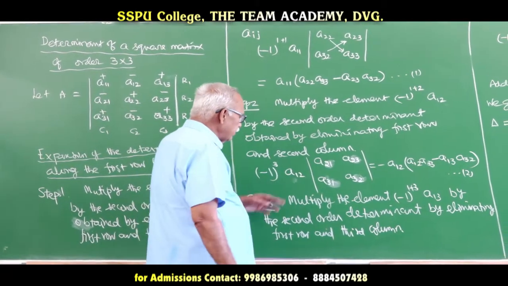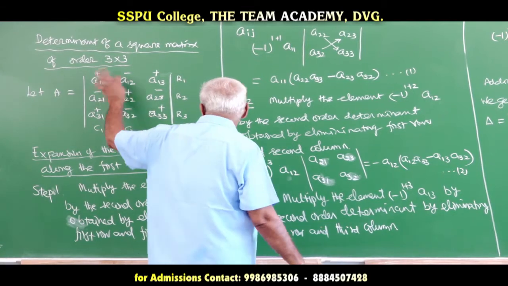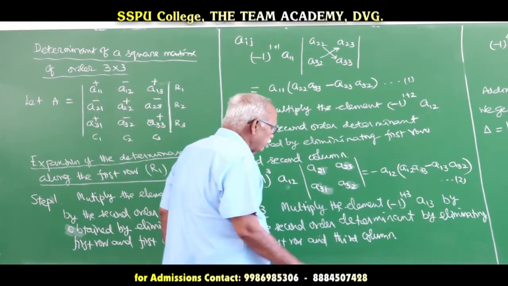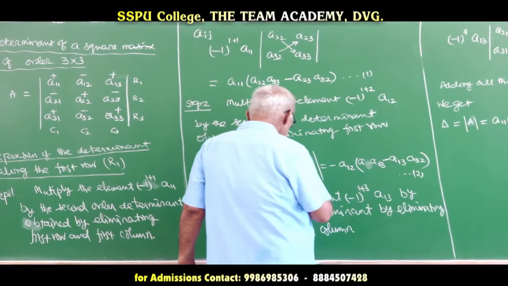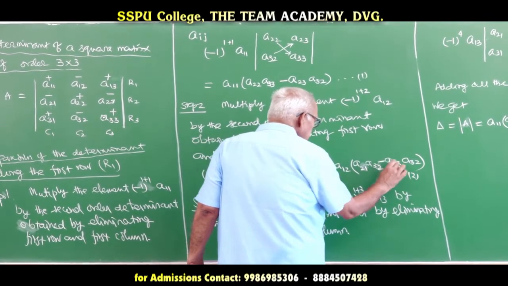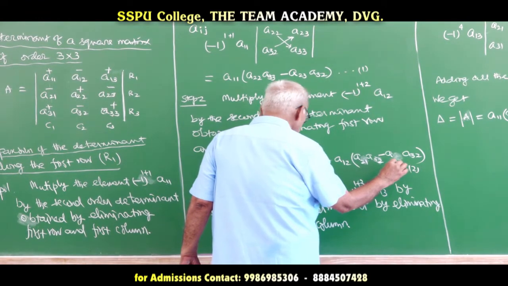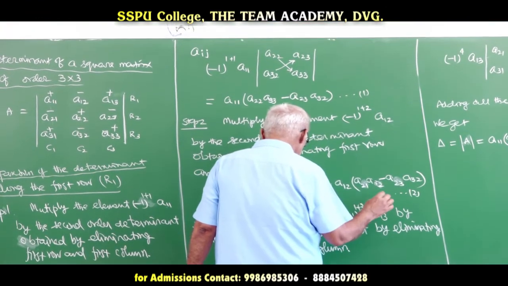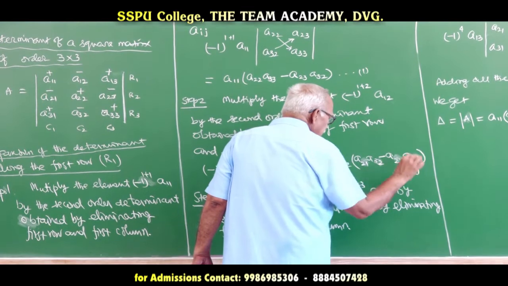So you have to correct it. First row and the second column we have to eliminate. Here we get A21, A32 and here A23 and A31.